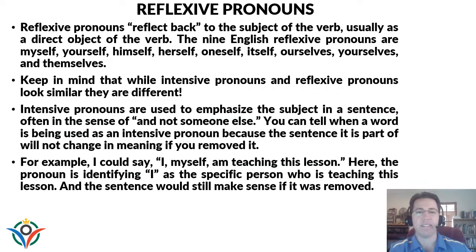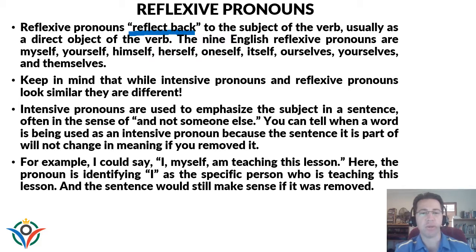So I'd like to begin this lesson by talking about reflexive pronouns. So let's first take a look at a definition of these pronouns. Reflexive pronouns essentially reflect back to the subject of the verb, usually as a direct object of the verb.